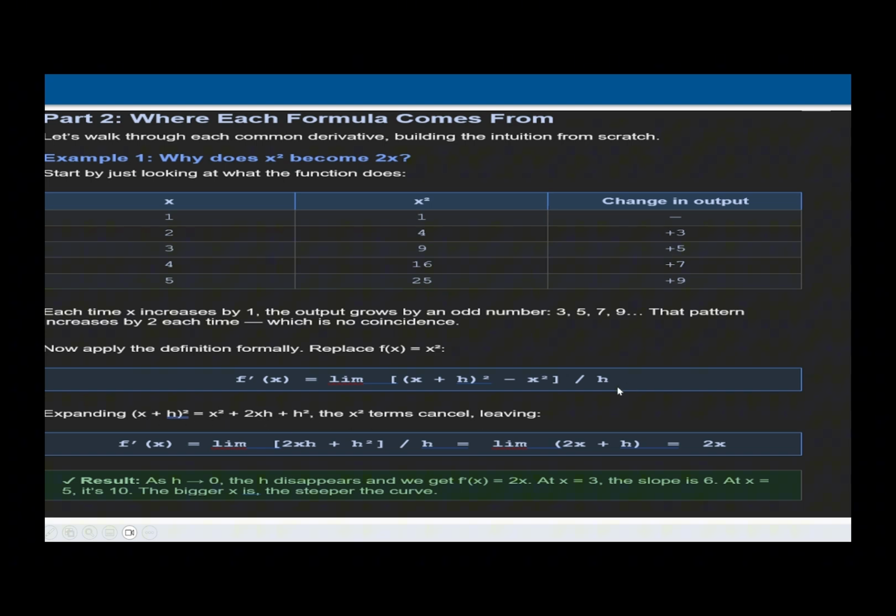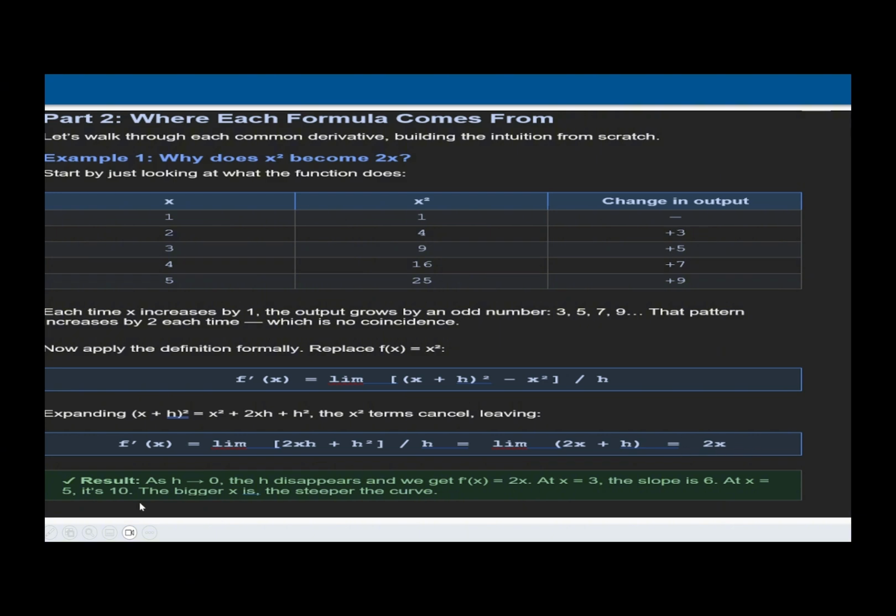The x squared term will cancel because of the minus x squared. What's left over is 2xh plus h squared, divided by h. So you divide and you get the limit of 2x plus h, which equals 2x. When h becomes very small, the limit ends up equal to 2x, because h is so small.